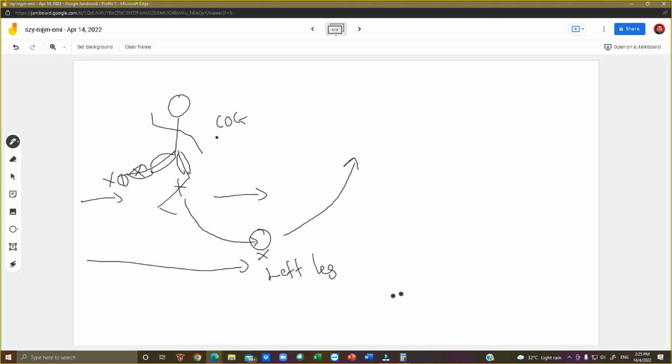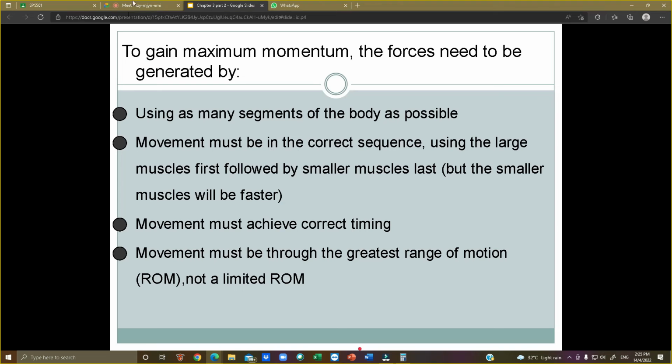Cuba bayangkan kamu lari, ni bola, kaki kanan dah berhenti kat sini dah. How can you kick the ball with your right leg? You kena berhenti, you kena mula balik, swing back, and then contact, follow through. So when you have a stop or a pause where the continuation is not there, ni benda ni tak ada.